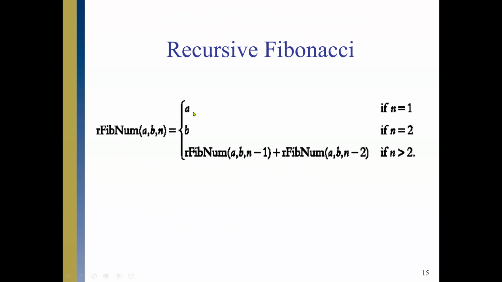So if it's only A or B, we return it. Now, if it's 3, then I add the two previous values. So that's the design of the recursion. The base case would be if n equals 1 or 2, or we can use A and B: if n is A or B, we return A or B.